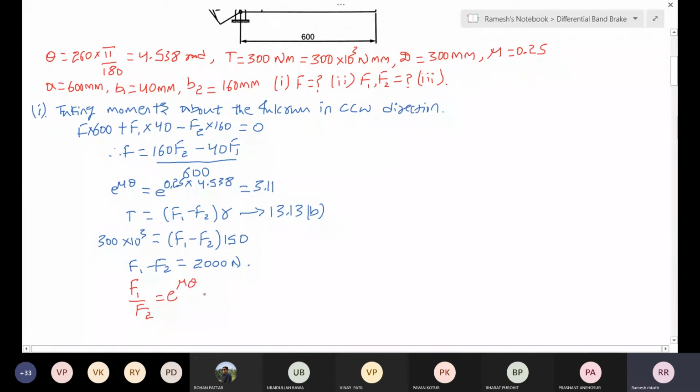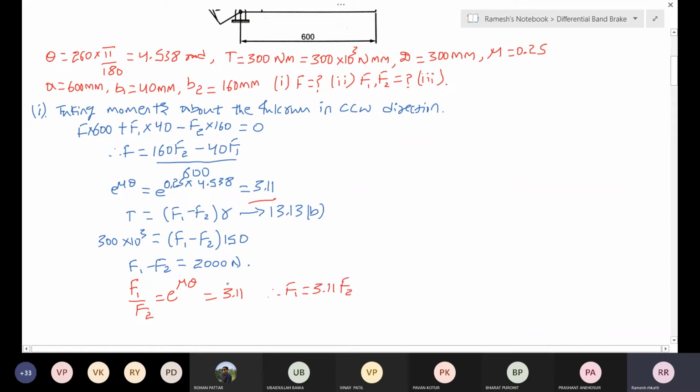In this, substitute the value of e raised to mu theta, 3.11, which you have calculated here. Take this term to the right side. Therefore, F1 you will get as 3.11 into F2.